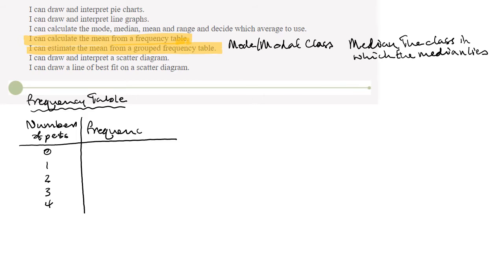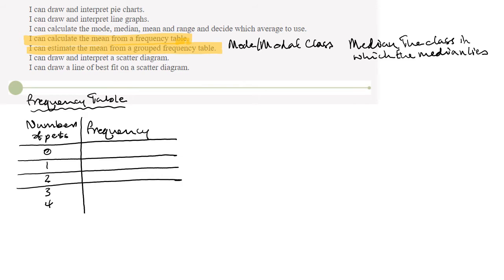So this is going to be how many people have this number of pets. So let's say that 8 people have no pets, 10 people have 1 pet, 7 people have 2 pets, 3 people have 3 pets, and 2 people have 4 pets.